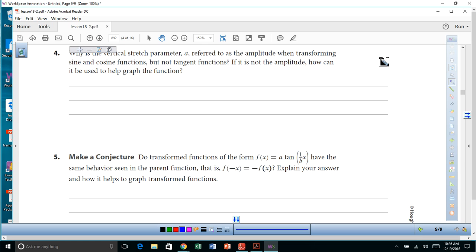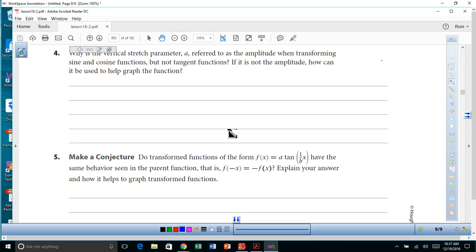So the amplitude of a periodic function is the distance from the midline to the maximum or minimum, like on the sine or cosine. But the tangent doesn't have a max or a minimum. The points of the graph halfway between the x-intercepts and the asymptotes have a vertical position of a or negative a.